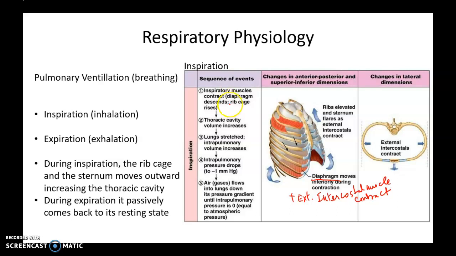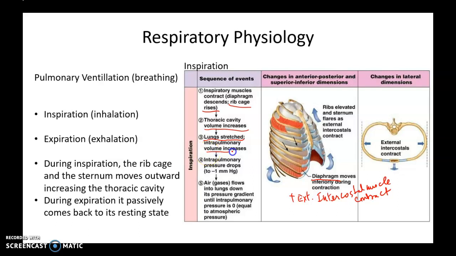Do you see that kind of rise? That widens the rib cage. And as the rib cage widens and the sternum is pulled anteriorly, the volume of the thoracic cavity increases. And as the volume increases, the lungs get more stretched, right?